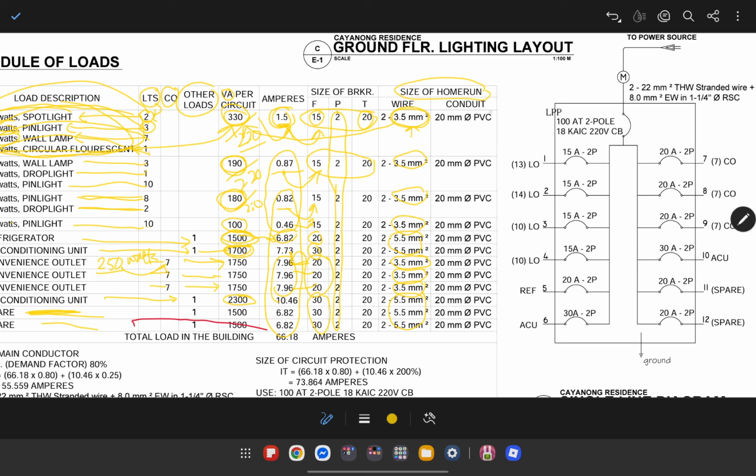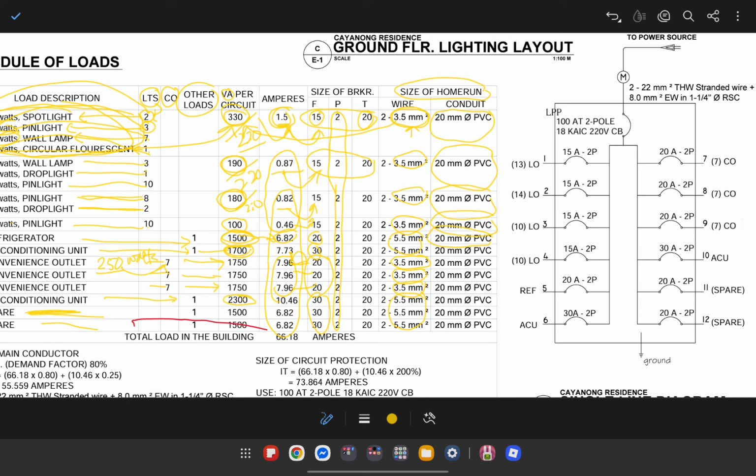Lastly, you have the PVC unit. So what's a PVC? This is basically the orange hose that protects the wires. As you can see, they're all 20 mm diameter, because the wires are relatively small.